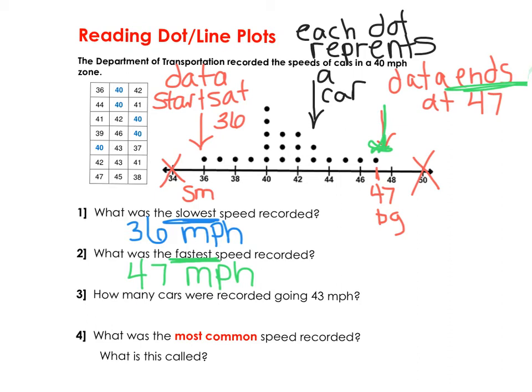And here, I see here's 42 and 44, so 43 must be right in here. If there are 2 dots above the 43, then that must mean that two cars were going 43 miles per hour. That information is also in my table if I were to look there. But again, it's easier to read with a dot plot. So it says how many cars were recorded going 43 miles per hour. And again, we're going to just read how many dots are directly above the 43. Our answer would just be 2 cars.